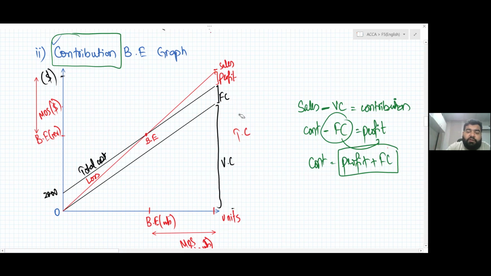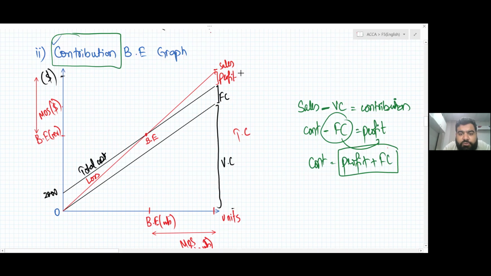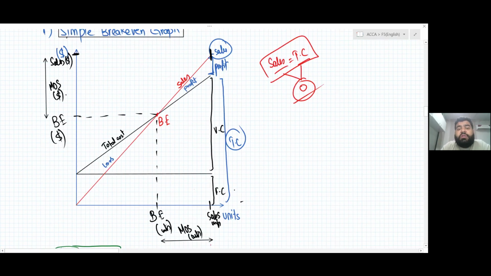Now, if you see the graph, there are fixed cost and profit next to each other, and you can easily identify fixed cost plus profit. Adding both of them will result in the contribution. In the simple graph you can't identify the contribution graphically.